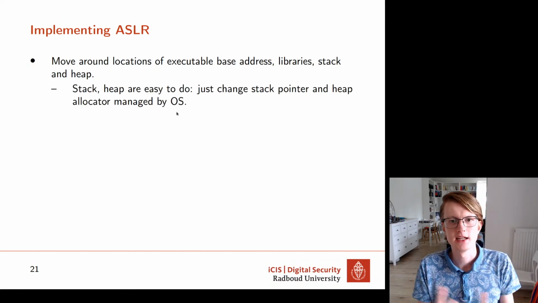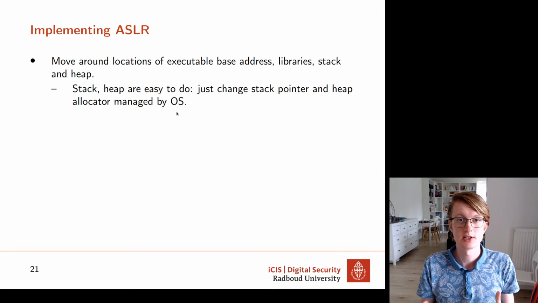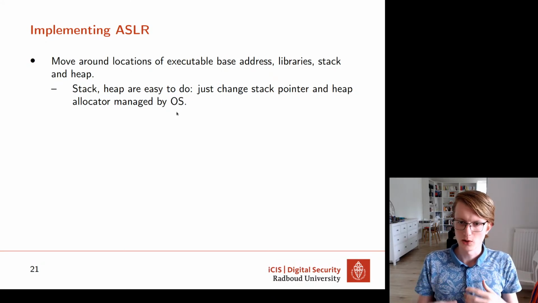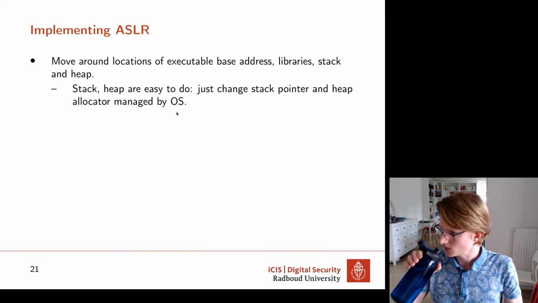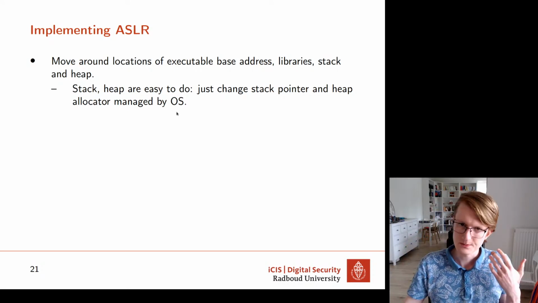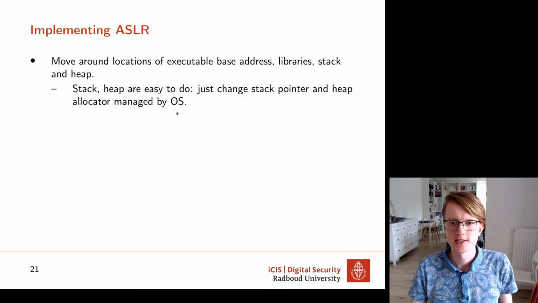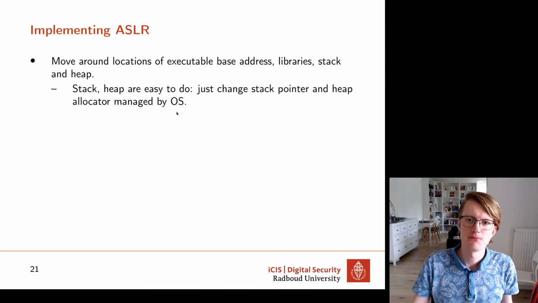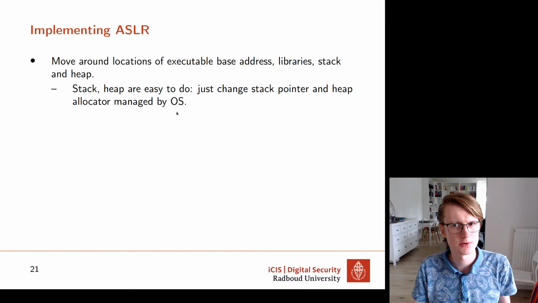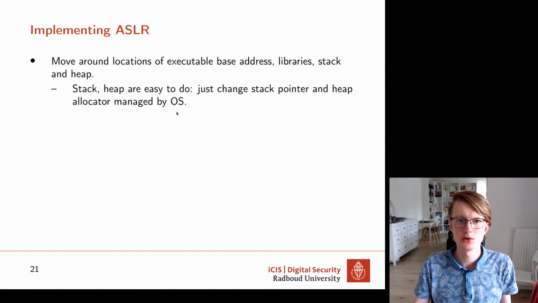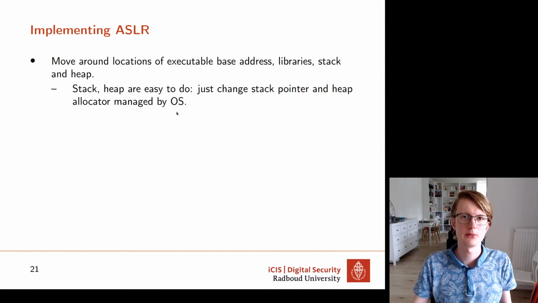Moving around the stack and the heap is quite easy because you can just change the stack pointer and the heap allocator, both of which are more or less managed by the operating system. Your program starts up and it just accepts some stack pointer coming from somewhere. So adding 100 bytes to it or removing 100 bytes from it is not relevant to how that program is going to continue to execute. Similarly, you just call malloc when you want something on the heap.